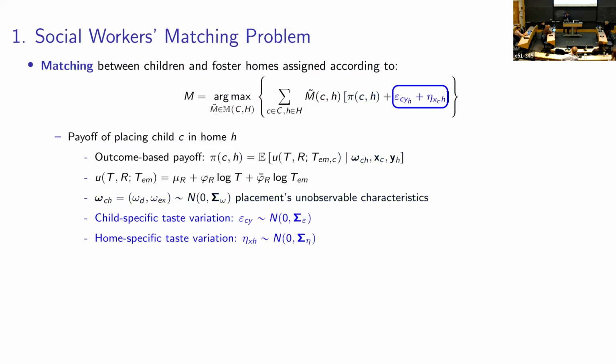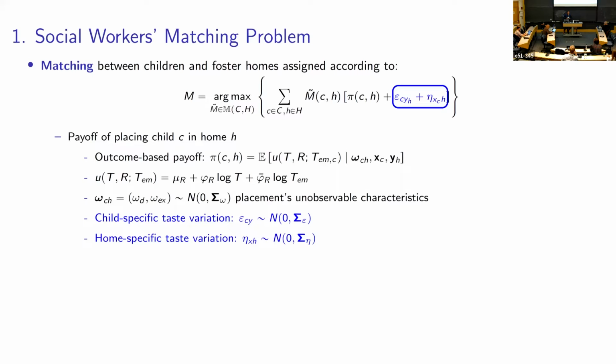Okay, and then there might be factors that explain matching, placement assignments, other than these outcomes. And here I'm just going to put two shocks that are going to depend on the type of the child and the type of the home. For those of you that are familiar with Chuan Xiao and Jeremy's talk yesterday, we saw a similar structure.